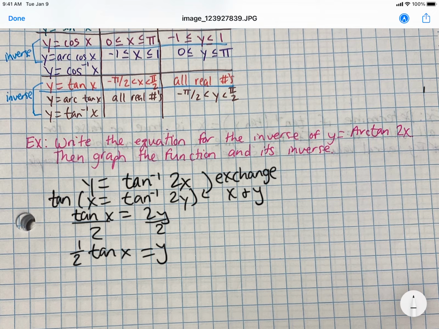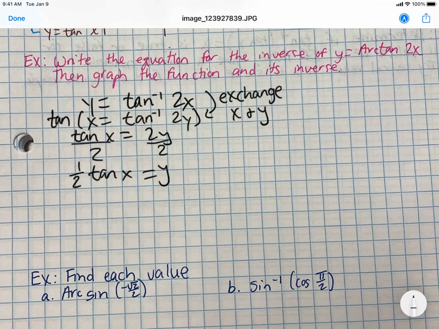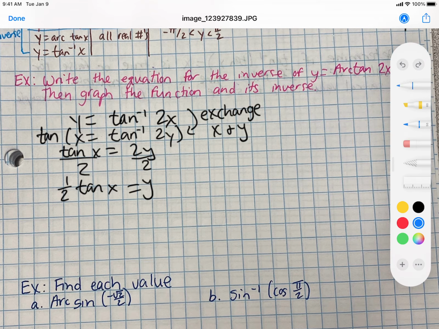Okay, so it tells us to graph the function and its inverse. So I'm going to graph them on 2 separate graphs over here.